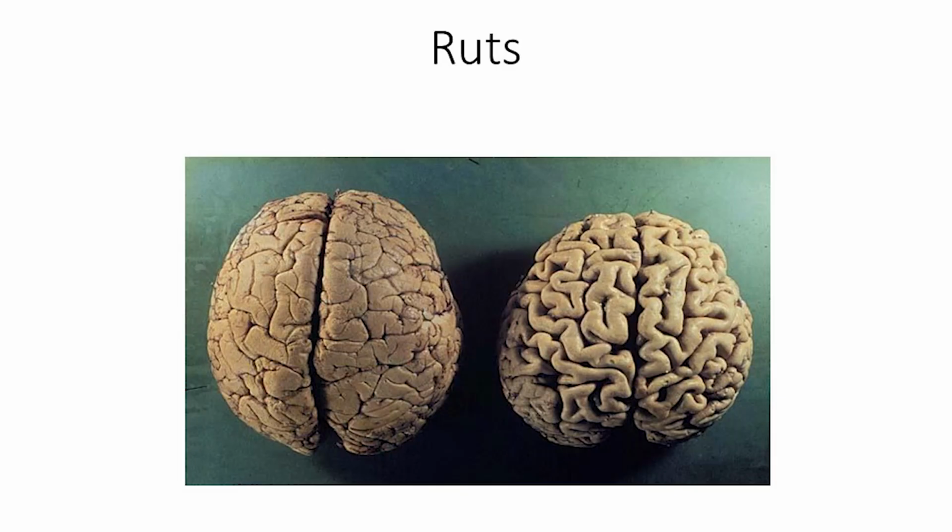Here's a photo of an actual normal brain next to an actual Alzheimer's brain. The normal brain on the left has a lot of ruts, but they are all bunched up next to one another. There's no space between them. But the Alzheimer's brain has wide spaces between the ruts. The more space there is between ruts, the less brain tissue there is. This goes hand in hand with a smaller brain.